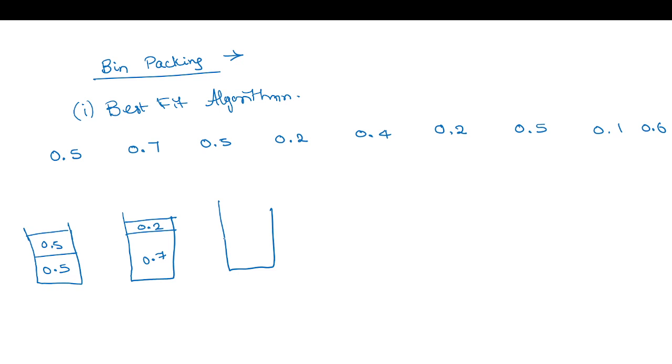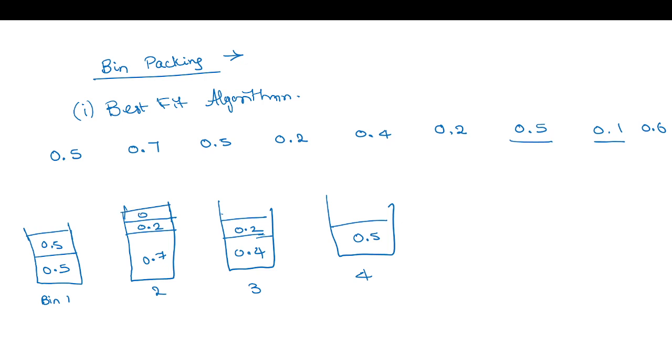For 0.4, we have to start another bin. 0.2 we cannot fit in this bin, so we fit it here. 0.5, again we have to start another bin. 0.1 we can fit in bin 2, 3 or 4, but where it fits the tightest is this bin. Then 0.6 we cannot fit, so we have to start the next bin. So in total, we need 5 bins.